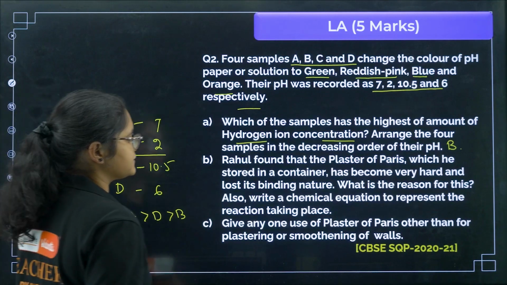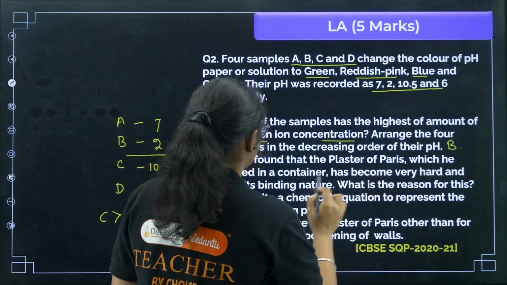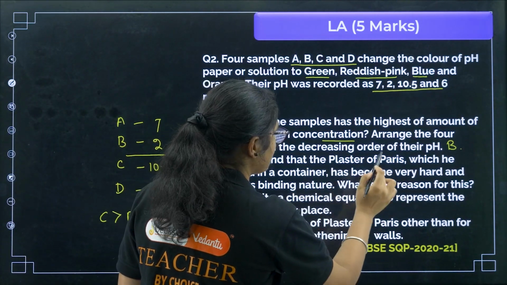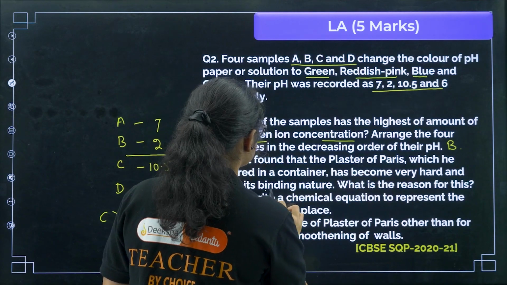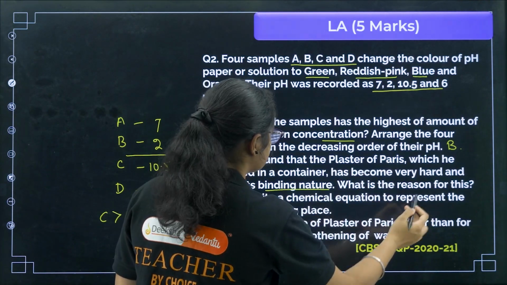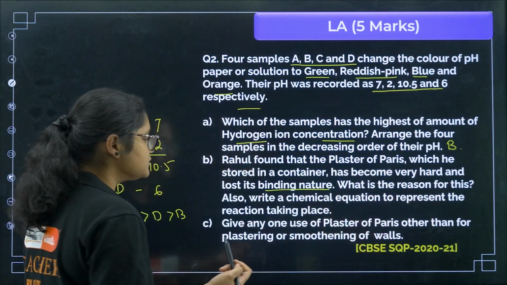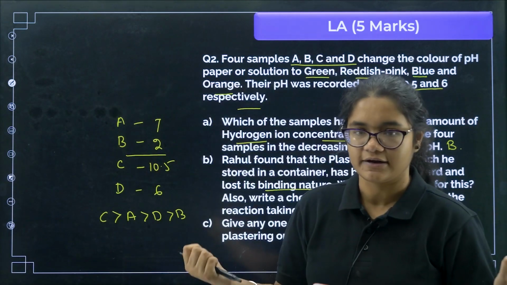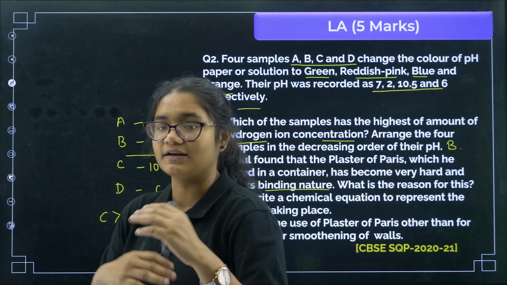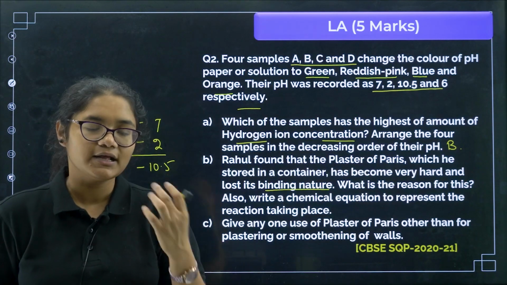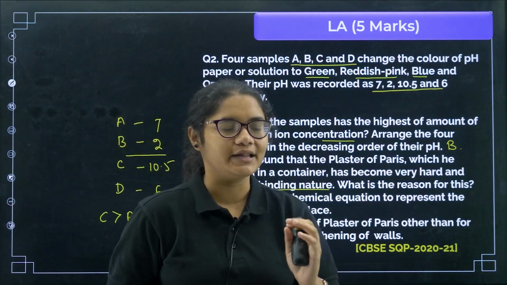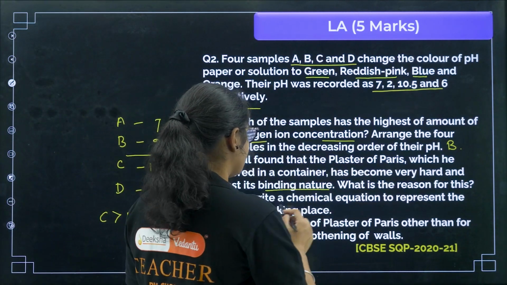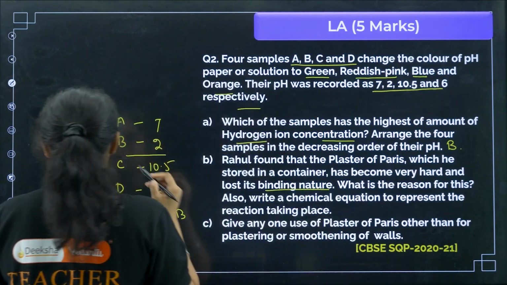Next, Rahul found that the plaster of Paris which he stored in a container has become very hard and lost its binding nature. What is the reason for this? When you leave calcium sulfate hemihydrate, it absorbs moisture and it gets converted to gypsum, right? So that is why it loses its binding activity. Now write the chemical equation to represent the reaction taking place.